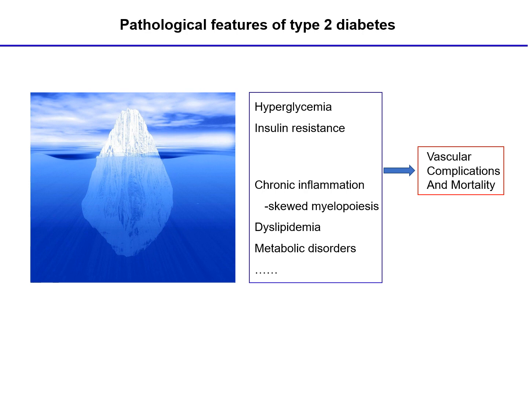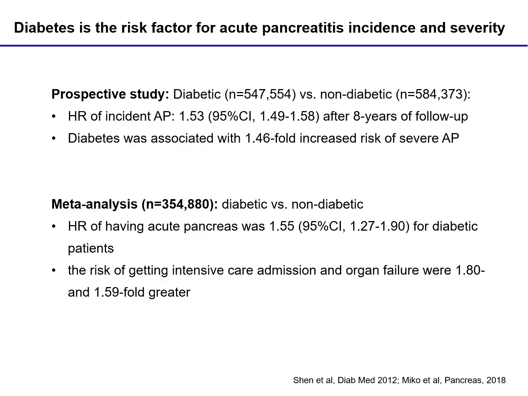Among all complications, acute pancreatitis (AP) is the most severe one. In the prospective study and the meta-analysis study, we showed that the incidence of AP was approximately 1.5-fold higher in type 2 diabetic patients compared with non-diabetic patients.